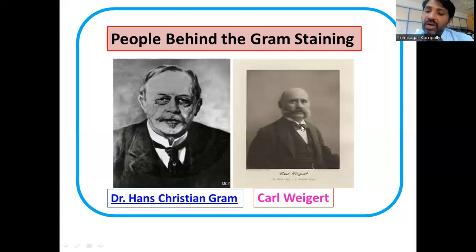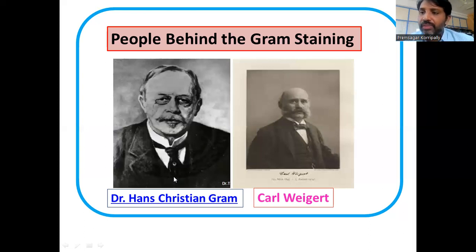Later on, Carl Weigert introduced a counter stain, safranin, to stain the bacteria which could not retain the primary color, and those bacteria look pink or red under the microscope. So they are called gram negative. These are the two people who invented the gram staining procedure.